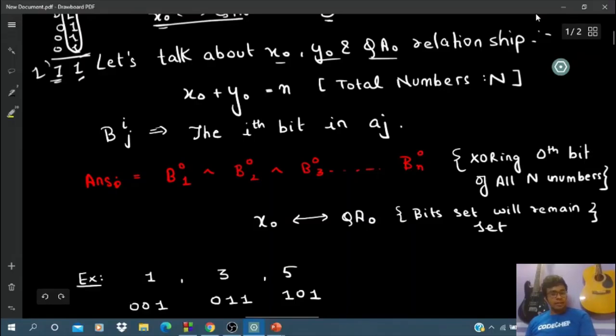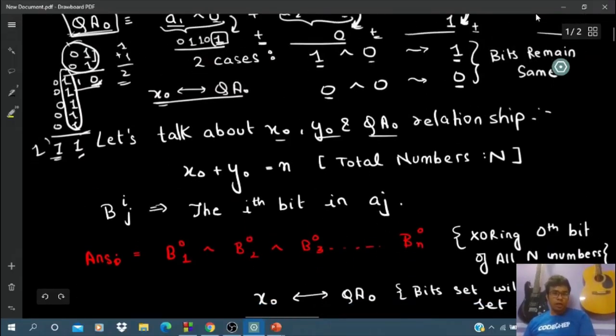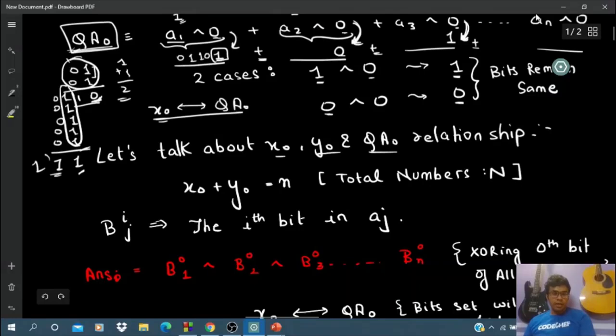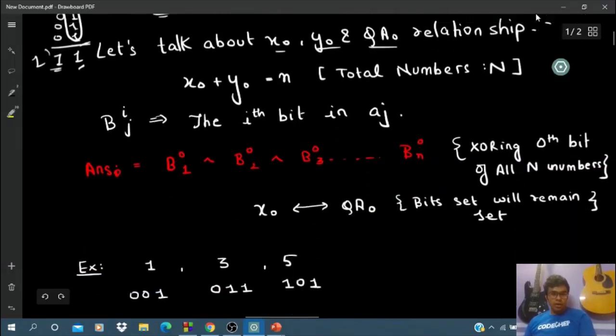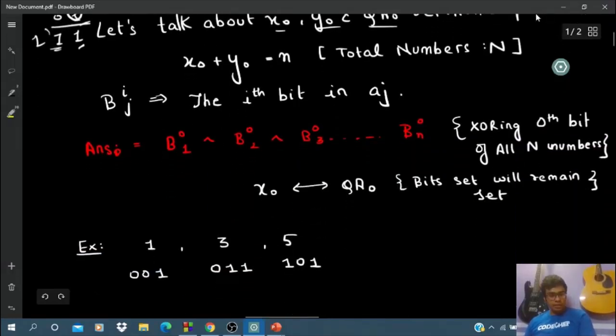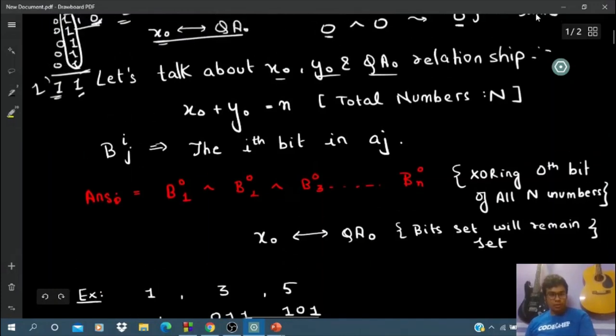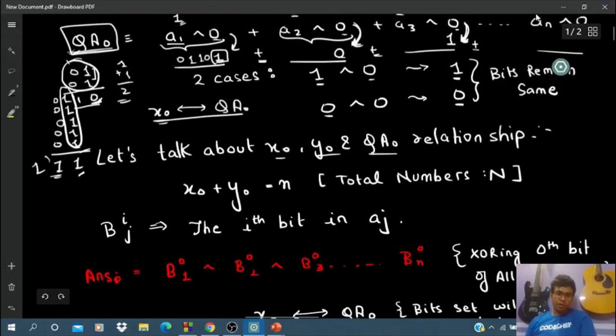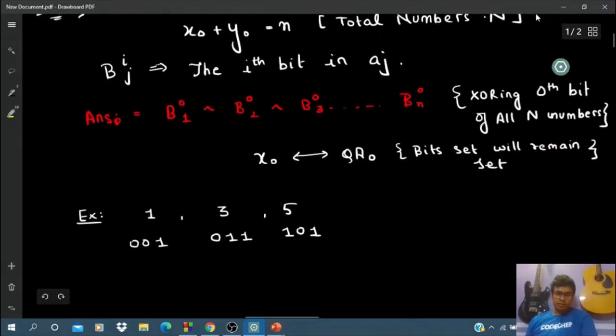As we have talked about how x0 will be equivalent to qa of 0, because of the XOR of all of these values: if they are odd, then the answer will be 1, and if they're even, then the answer will be 0. In either case, their addition, if they're odd, will similarly be 1, and if they're even, their addition will give us a 0 in that place.